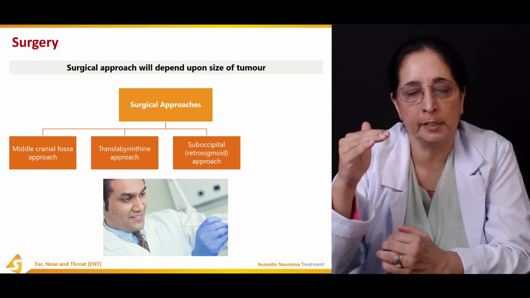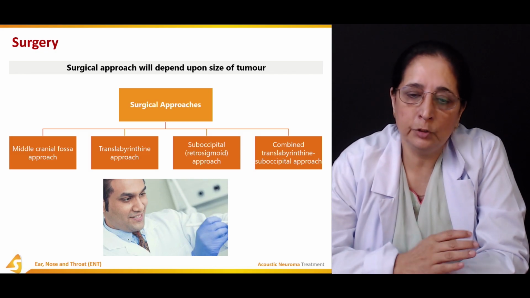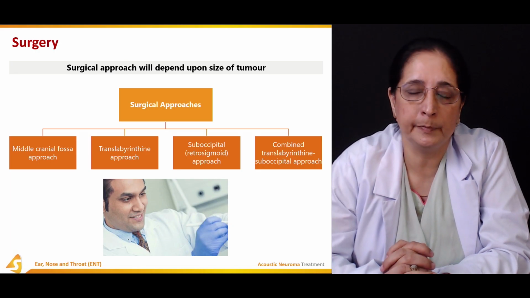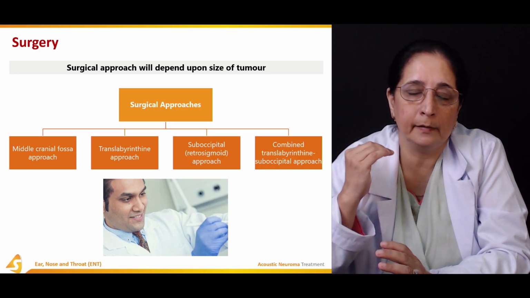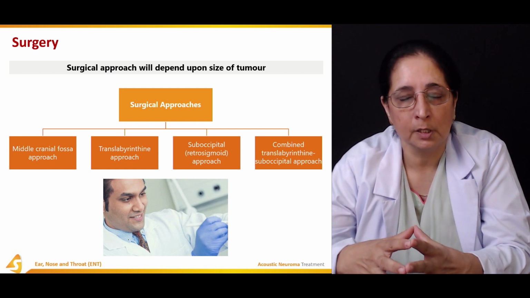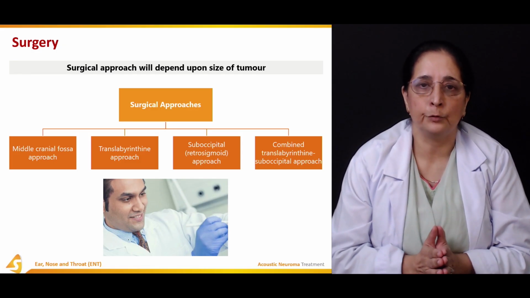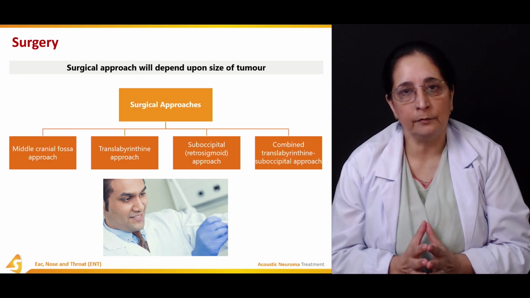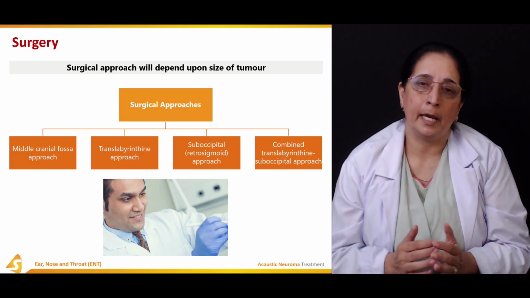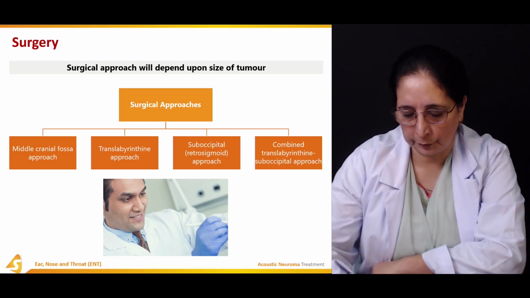So suboccipital is below the occiput. Then we can use combined translabyrinthine and suboccipital if a bigger area is required. So depending on the size of the tumor, we can do different approaches: middle cranial fossa approach, translabyrinthine, suboccipital, and combined suboccipital and translabyrinthine approach for the surgery.